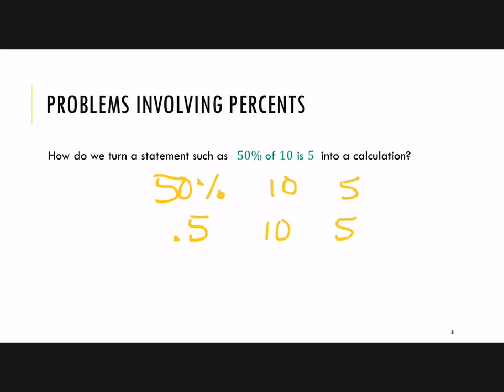Right, so if you're trying to figure out how to combine these numbers and have one of them be an answer, if you can only use operations like multiplying, dividing, adding, subtracting, and then also an equal sign, well, notice if you multiply 0.5 times 10, that equals 5.